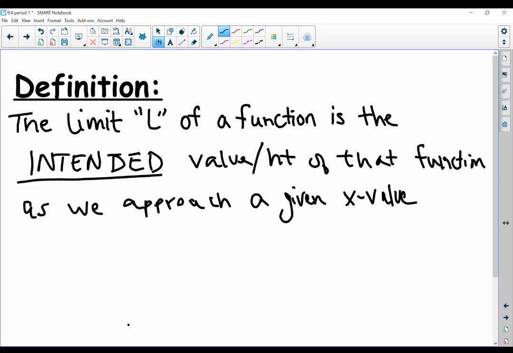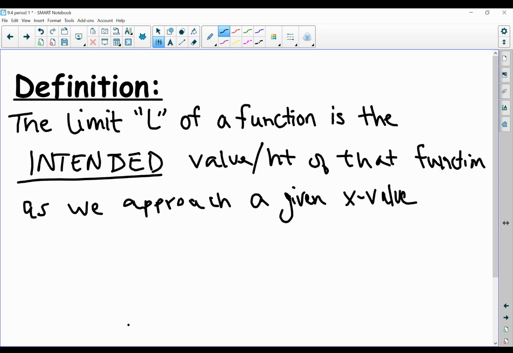So here's the example that I give a lot when I'm talking about limits. Let's say we agree to meet at Panera to do some work before school. So I'm going to come from my house, you're going to come from your house. Panera is our limit because that is our intended goal or meeting place. No matter where we're coming from, that is the intended value that we're reaching.